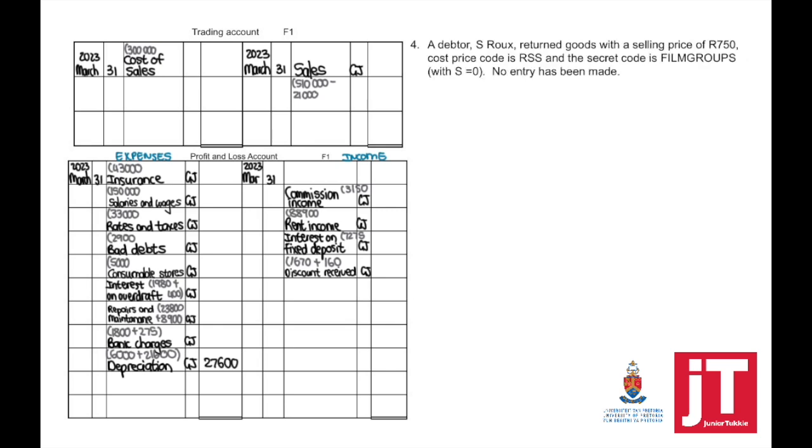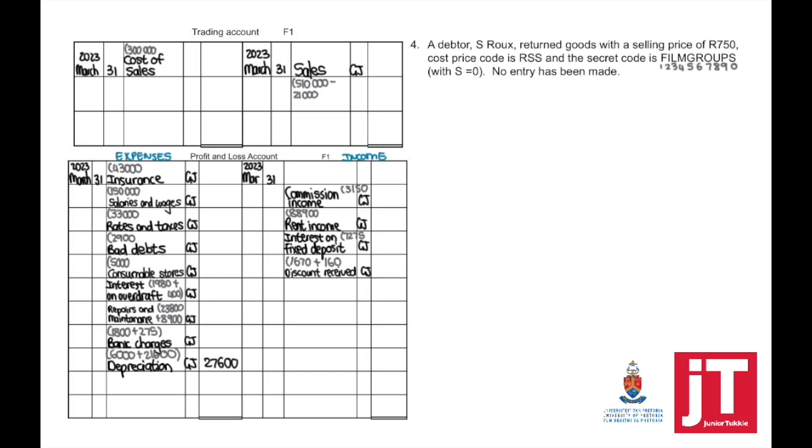A debtor, SRU, returned goods with a selling price of $7.50. The cost code is RSS and the secret code is film groups with S starting with 0. No entry has been made. So here the secret code is applicable.